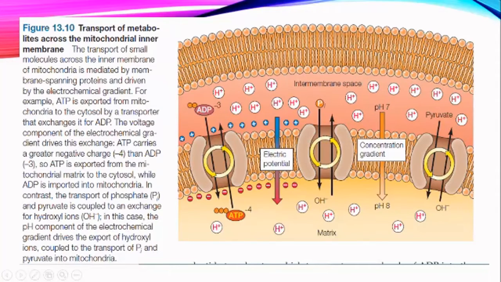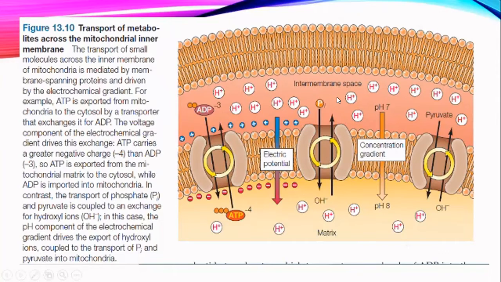So the transport of metabolites across the mitochondrial inner membrane. So what are these metabolites? So we have the OH, now the pH is quite different sa intermembrane spaces. So in the mitochondria, outside is the cytosol, this is the OMM, the outer membrane.